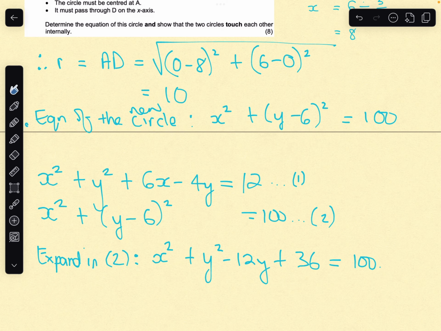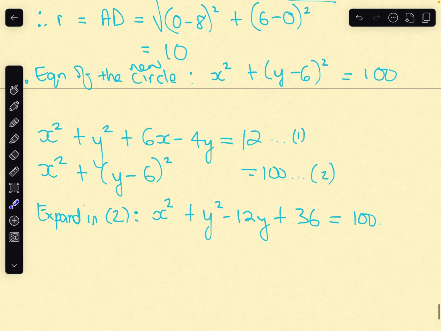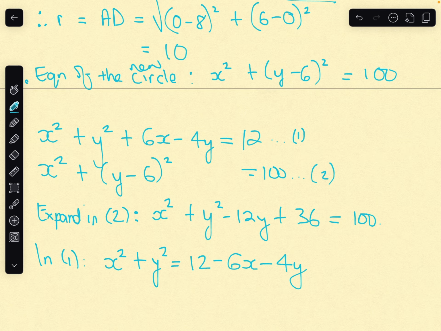Okay, and remember the trick is to isolate x squared plus y squared so that we can get rid of the quadratic terms and just be left with the linear terms. So if we use number 1, that would be x squared plus y squared is equal to 12 minus 6x plus 4y, sorry.